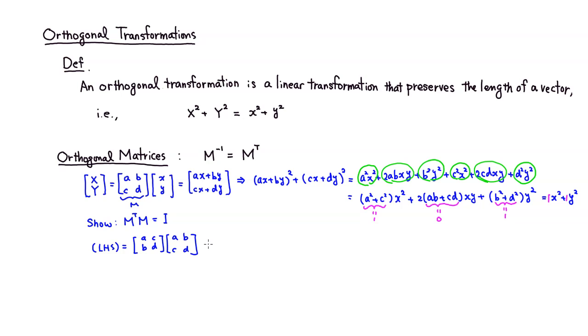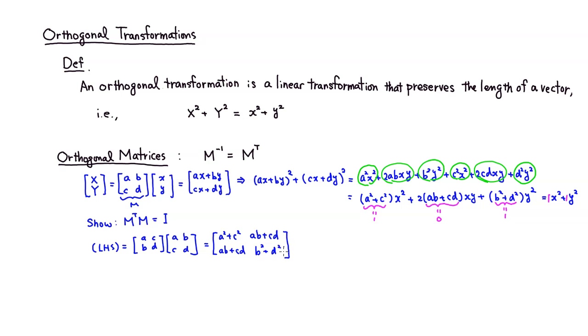All right. So if you multiply it together, you're going to get a 2x2 matrix. A squared plus C squared. This times that gives you AB plus CD. This times that gives you AB plus CD. This times that gives you B squared plus D squared.